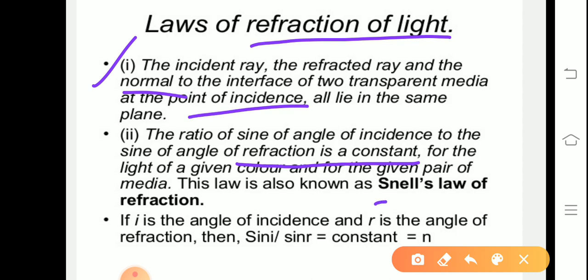This is nothing but Snell's law of refraction. Here i is the angle of incidence and r is the angle of refraction. Then we can write n = sin i / sin r, where n is the refractive index, that is constant. Let me explain now.